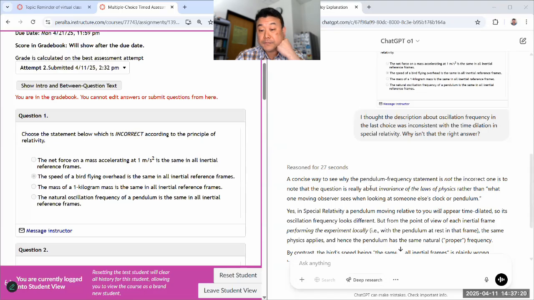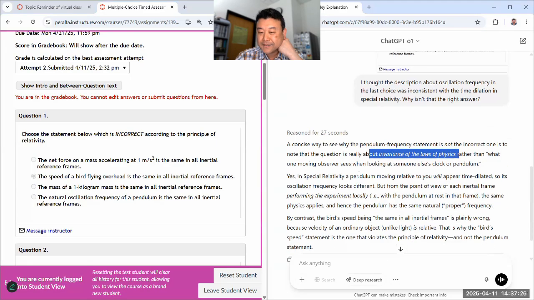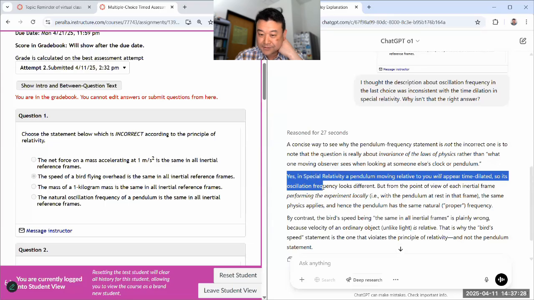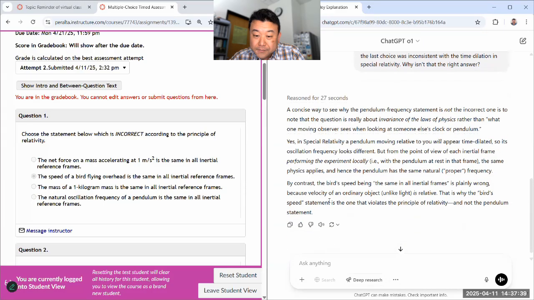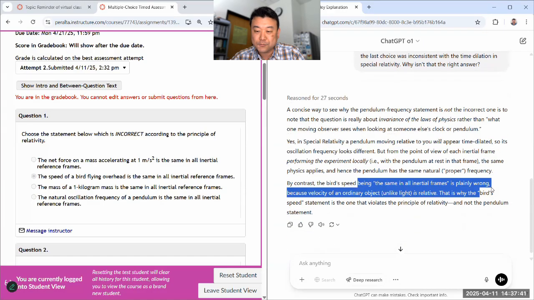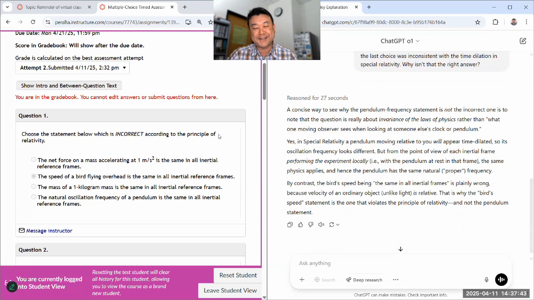Yeah, invariant. So that's actually in special relativity. But to get that result, you need the second postulate, the one that enforces the speed of light to be the same in all inertial reference frames. Yeah, this is the worst choice. It's plainly wrong.